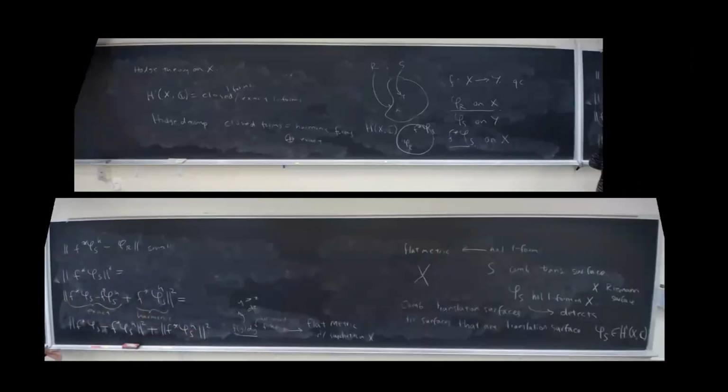And because F is quasi-conformal, this is actually very close to this, which are both very close to the Hodge norm of the form on Y. And therefore, this is actually small. And what that means is that actually we can remove this.